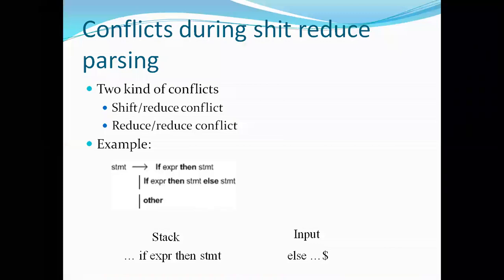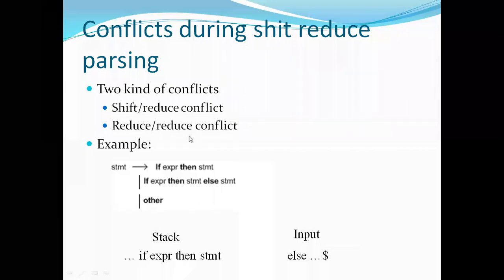What are the problems that are occurring when we perform shift reduce parsing for any grammar? There are two conflicts in shift reduce parsing: the shift reduce conflict and the reduce reduce conflict. These are the two conflicts that occur.